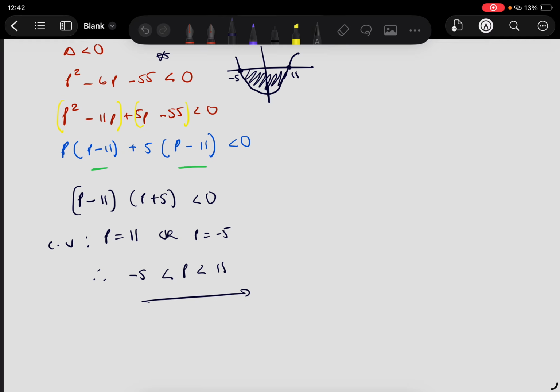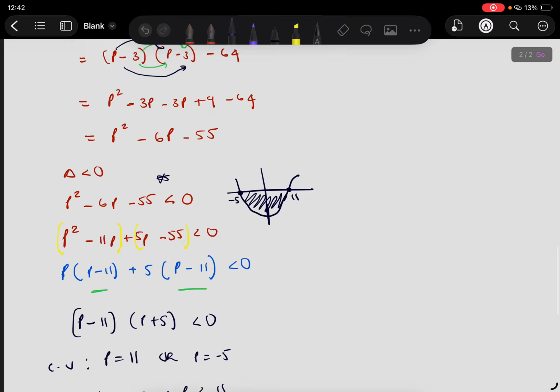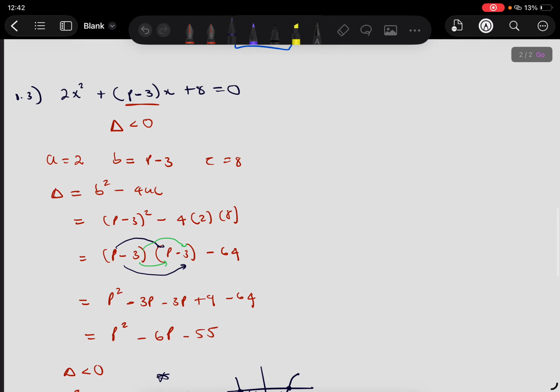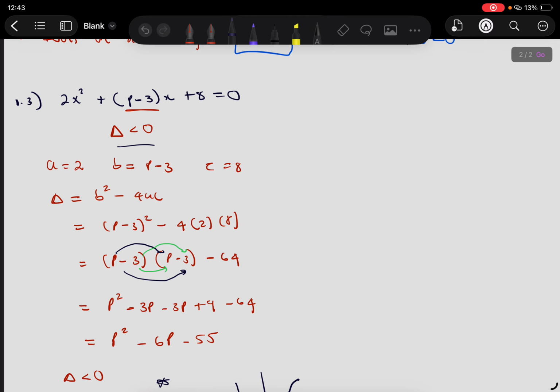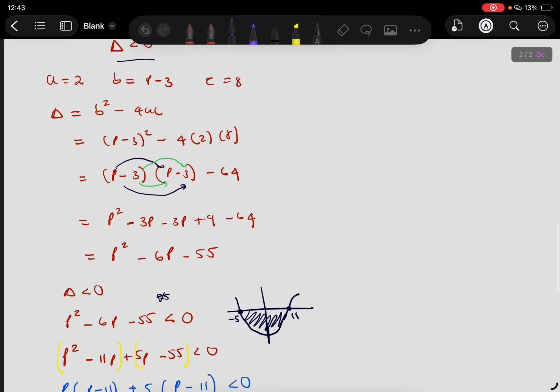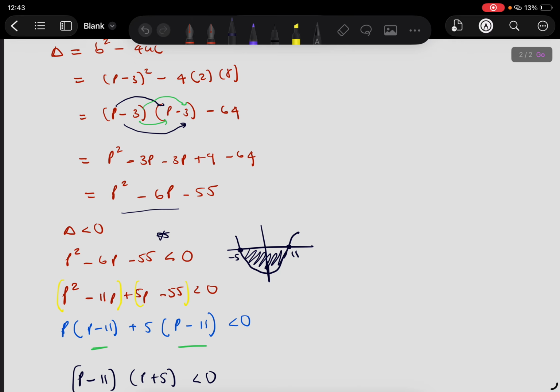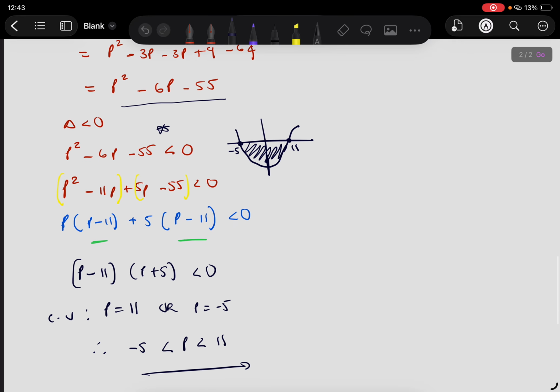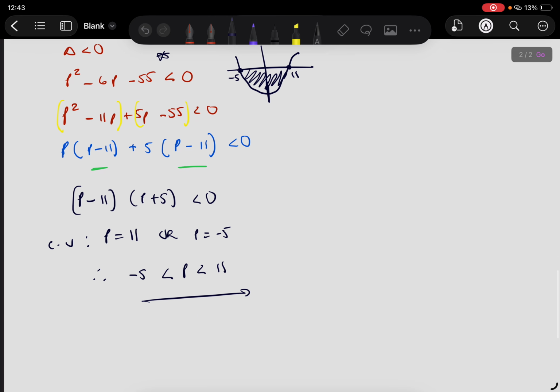So we have solved the question, which asked us for which values of p will the roots be non-real. The roots are non-real when the discriminant is less than 0, and then we were not given the discriminant, so we had to calculate an expression for the discriminant, which led us to p squared minus 6p minus 55. Then we solved for the values of p, just as we solve for any quadratic equation. Solving for that, we got the critical values p is 11 and p is negative 5.